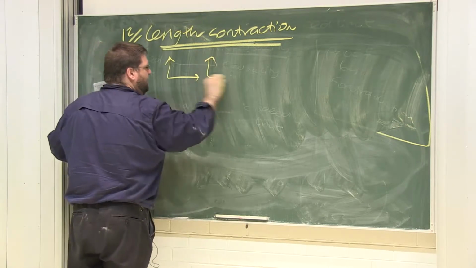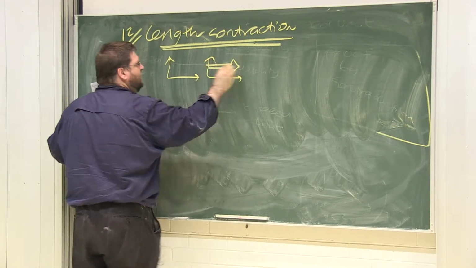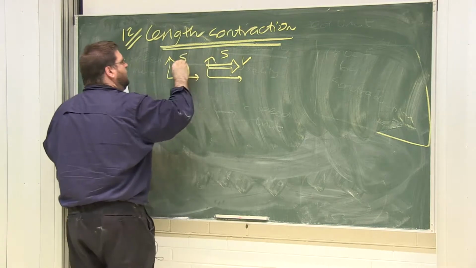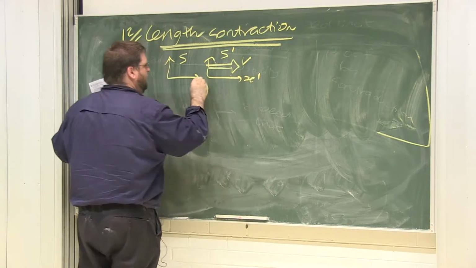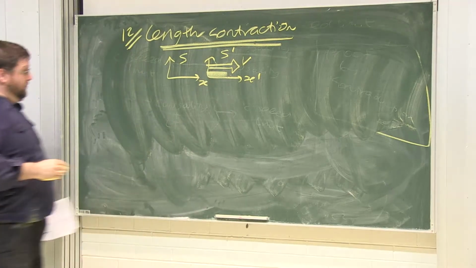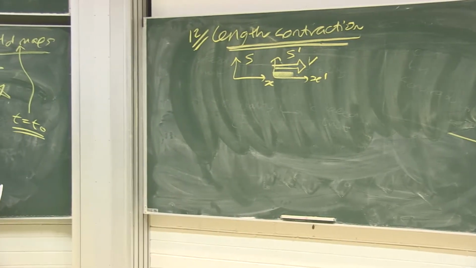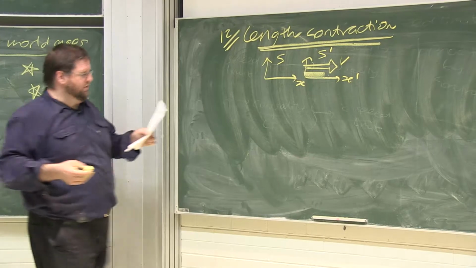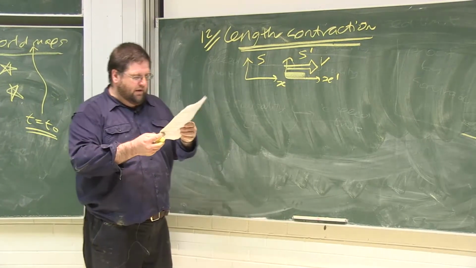So we're going to have two inertial frames in the usual standard configuration. And we're going to attach a ruler to one of the frames. This ruler is going to be stationary relative to frame S prime.